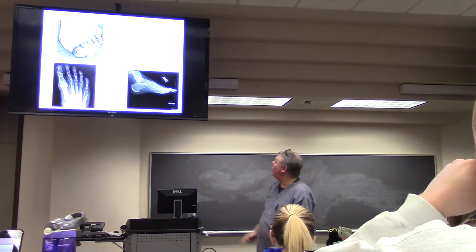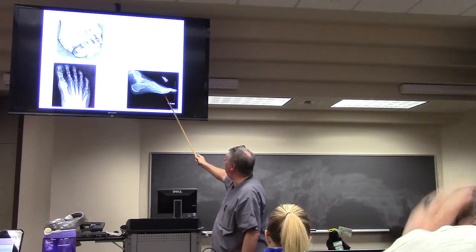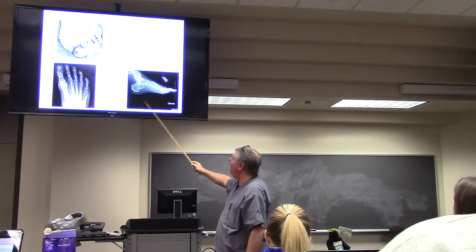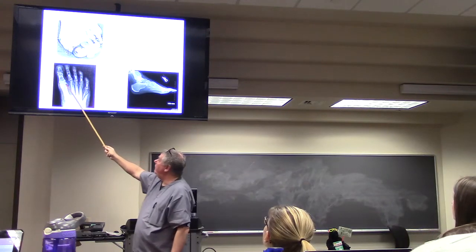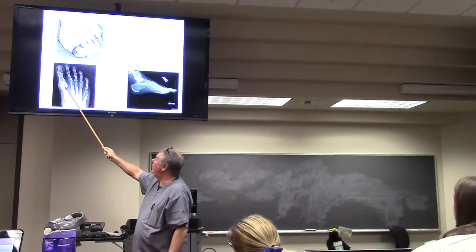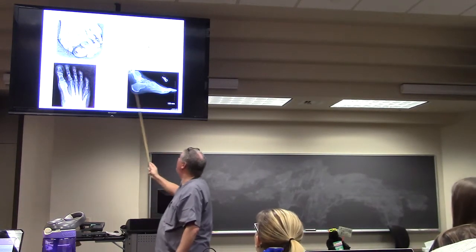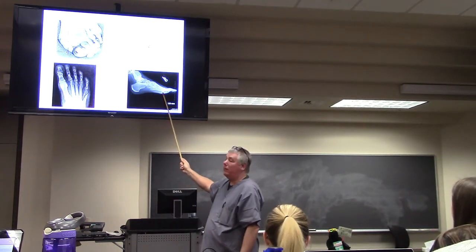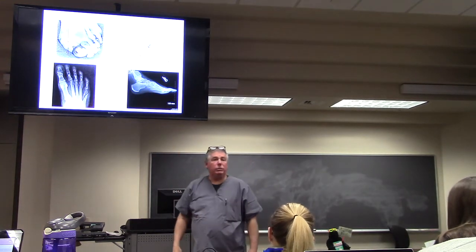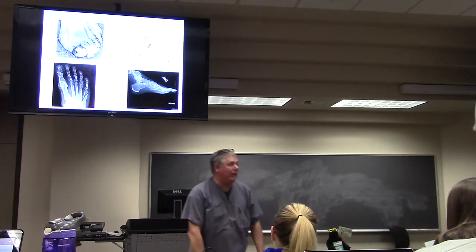And I'm not exactly sure why I have this slide in here, other than to show you, right here at the head of the first metatarsal, you see those two round white spots? Those are sesamoid bones, and everybody has them there.